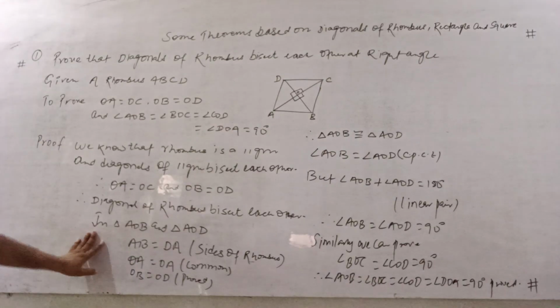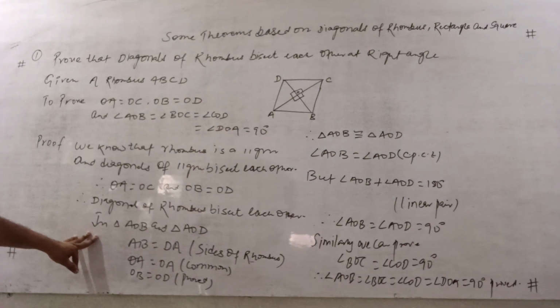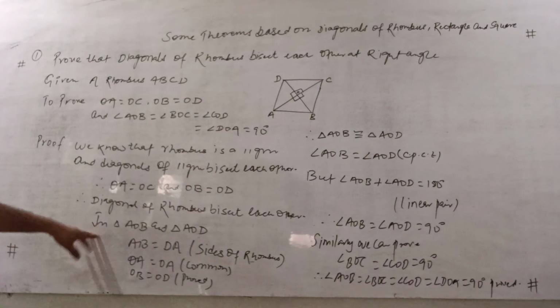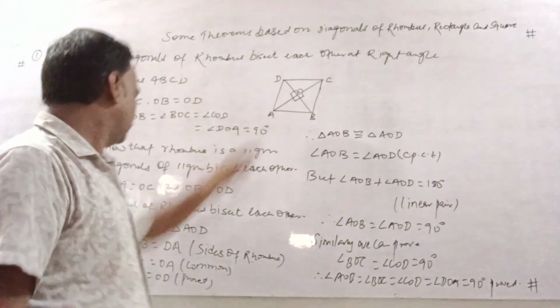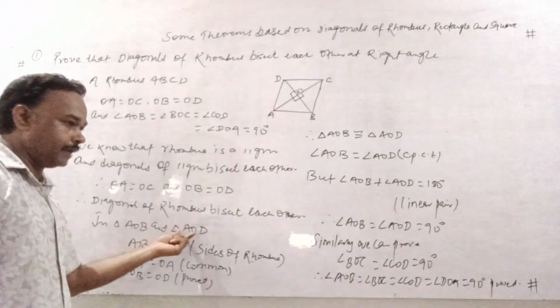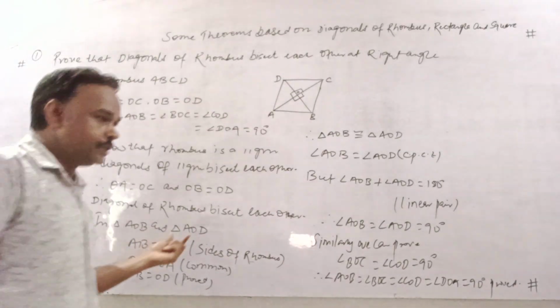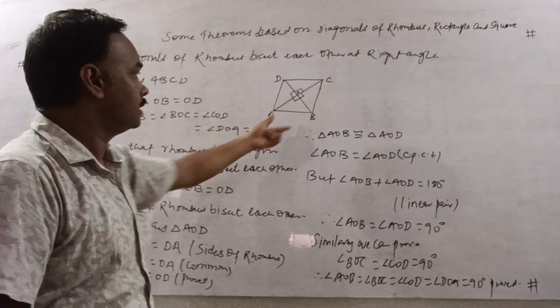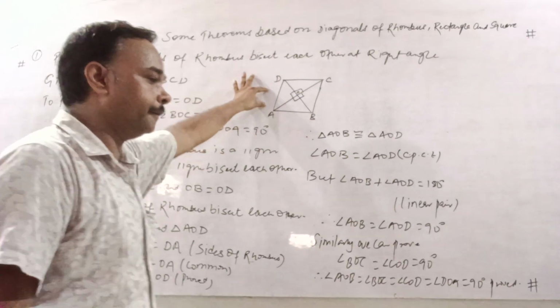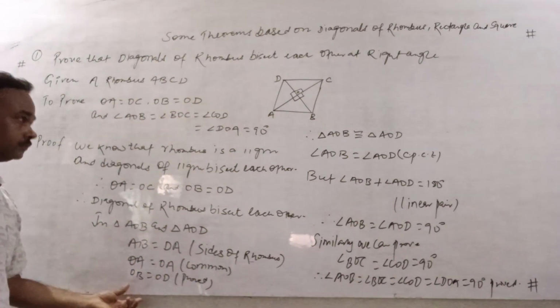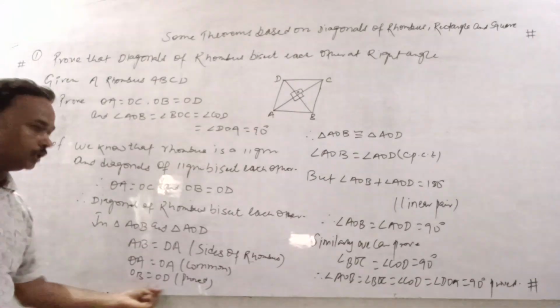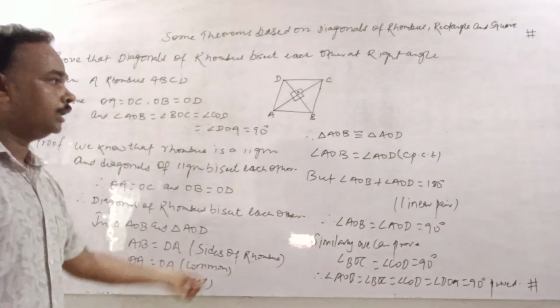Now see, they bisect each other, but do they bisect at right angles? For this we have to prove any two adjacent triangles are congruent. In triangle AOB and triangle AOD, AB is equal to DA, OA is equal to OA common, and OB is equal to OD, which we just proved.